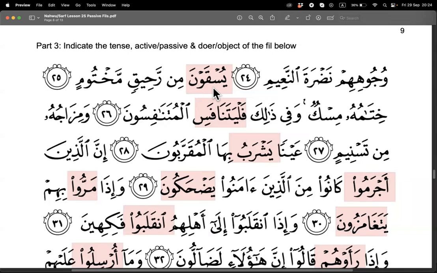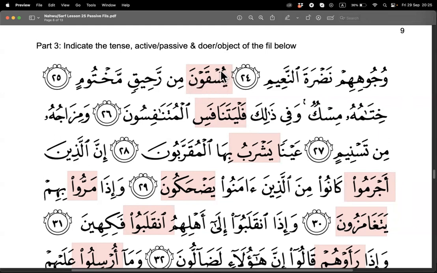To be honest, this is what we will call an irregular fi'il. So something's going on here. You're confused because it seems it should sound una, but instead there's a fathah. So this is actually ya and una, this is actually whom.